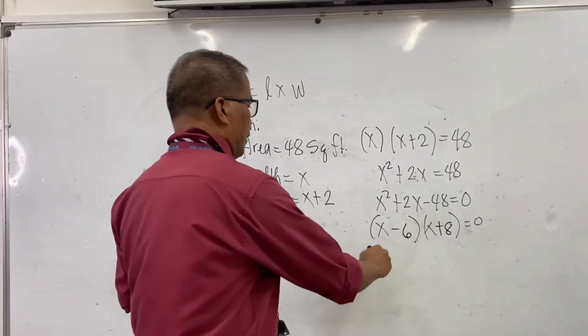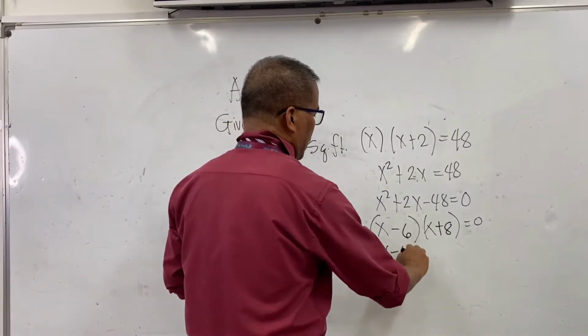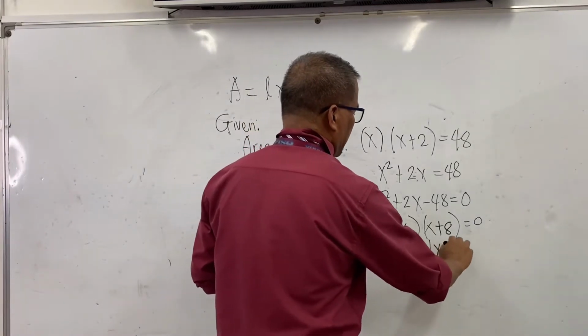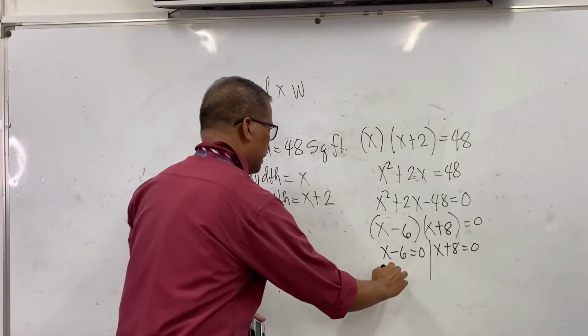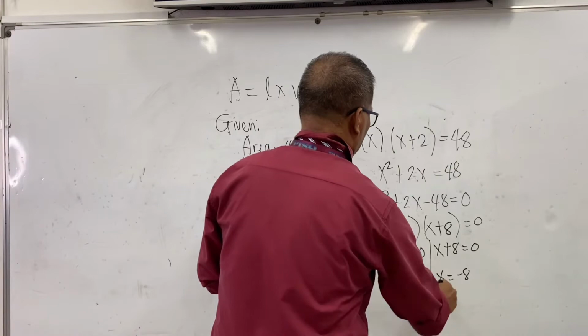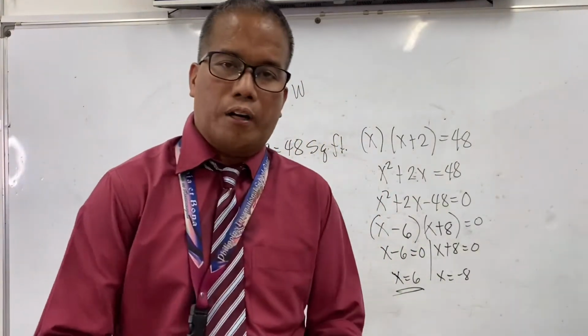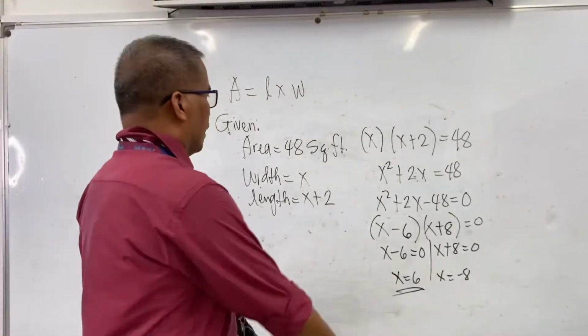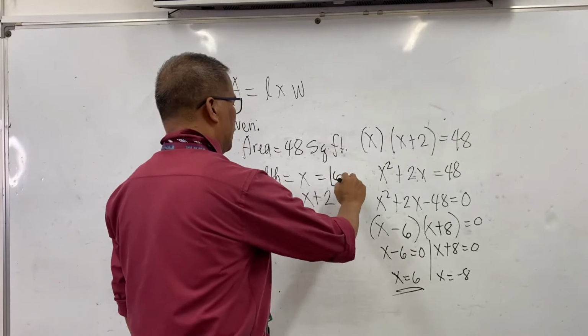So therefore, we equate these two factors to zero. x minus 6 equals 0, then x plus 8 equals 0. So therefore, x equals 6 and then x equals negative 8. But we will use only the positive value of x because we're looking for the dimensions. So if x equals 6, the width is equal to 6.